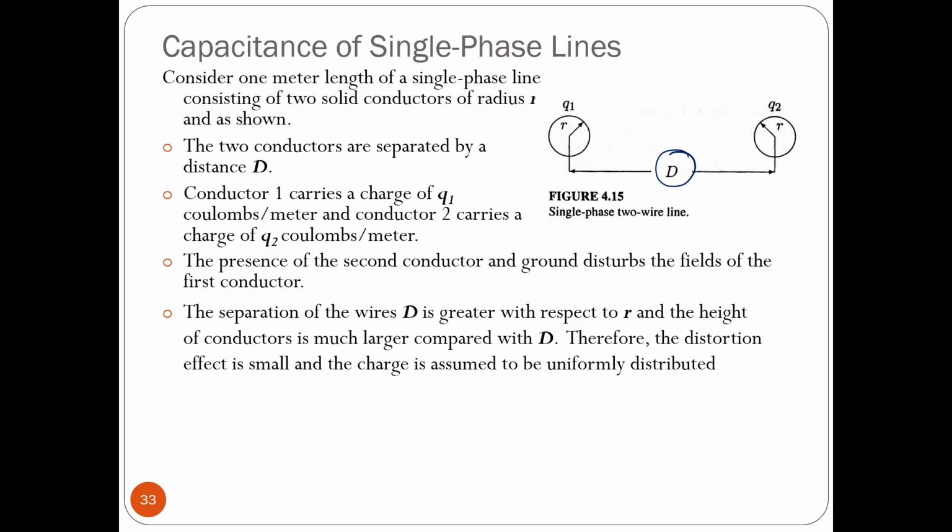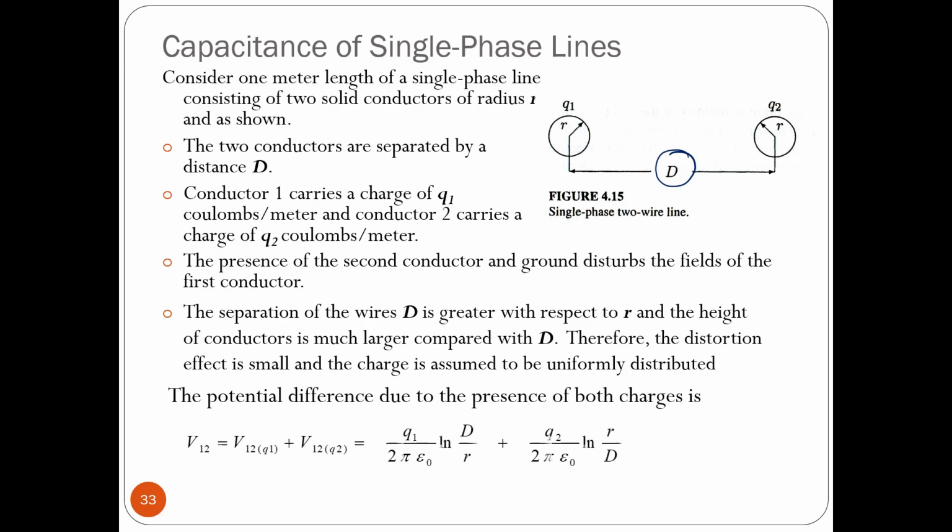Therefore the charge is uniformly distributed. So the potential difference would be shown in equation 4.66, whereby we look at the impact between 1 and 2 from Q1 and also the impact from Q2. This one here represents Q1, this one here represents Q2.